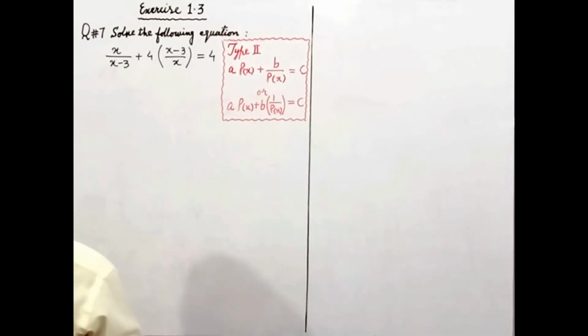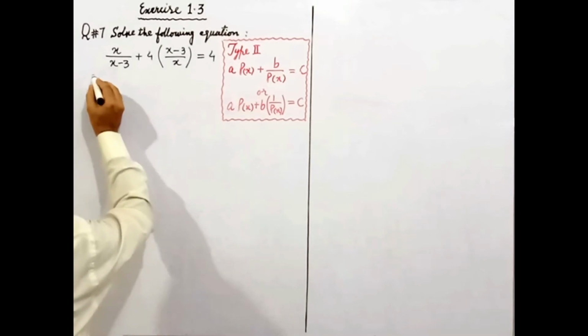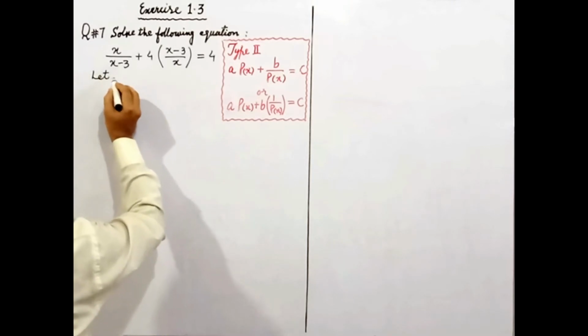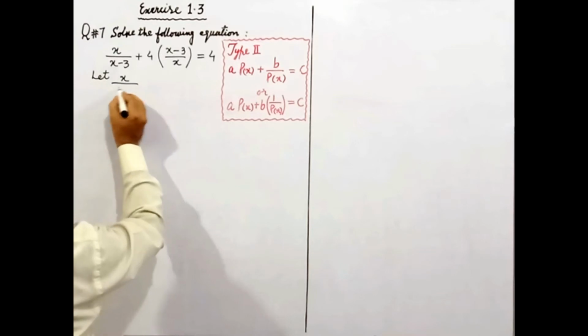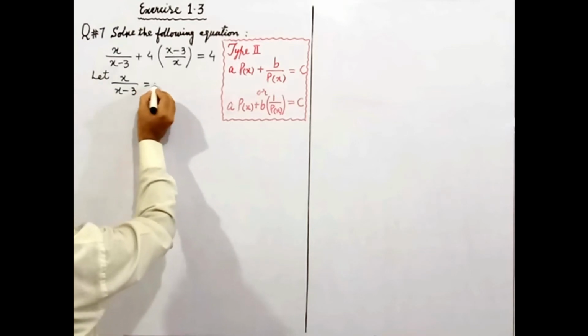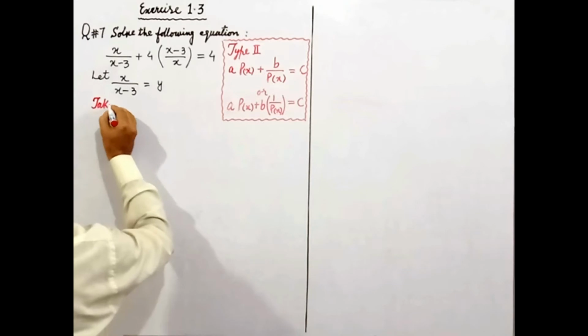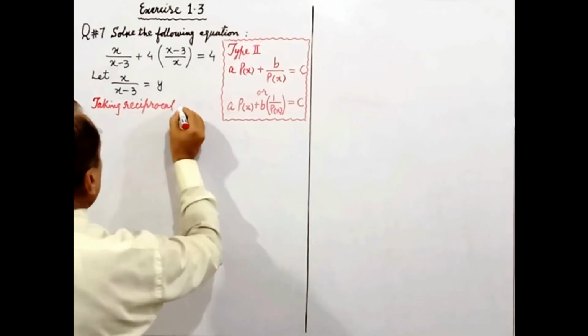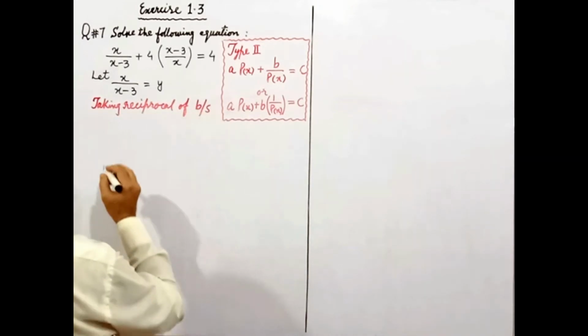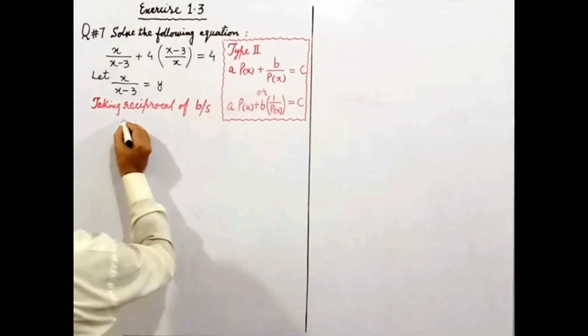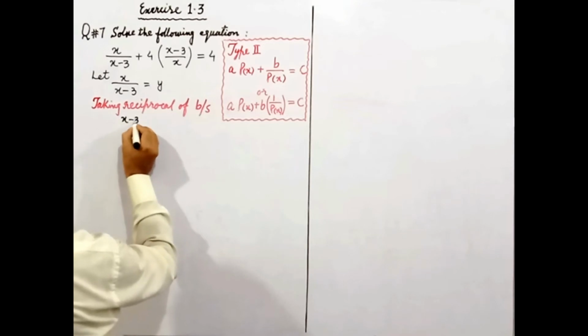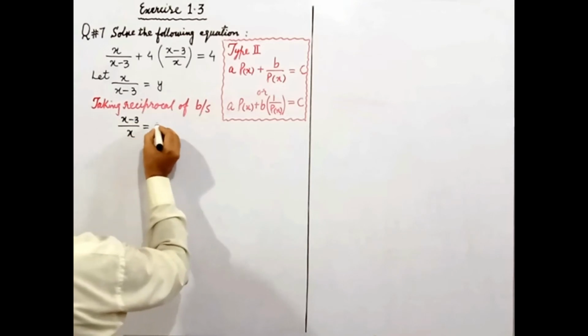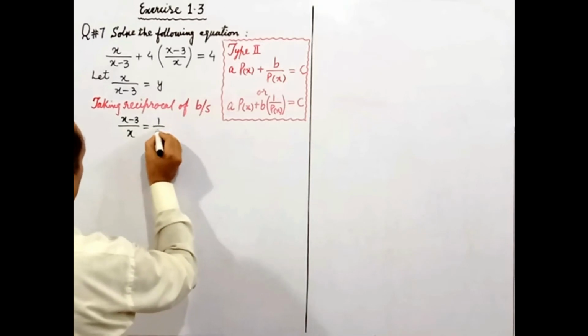So we let that value equal to a variable. Let x over x minus 3 be equal to y. Taking reciprocal of both sides, we have x minus 3 over x equal to 1 over y.